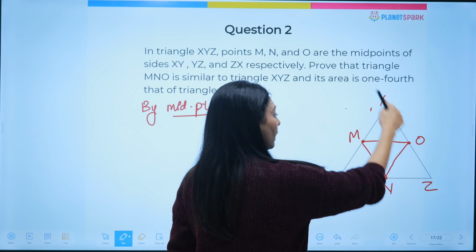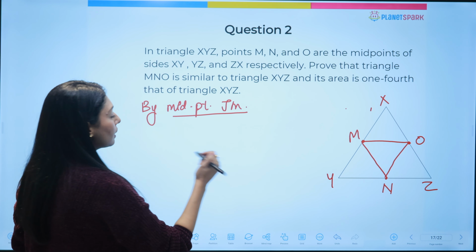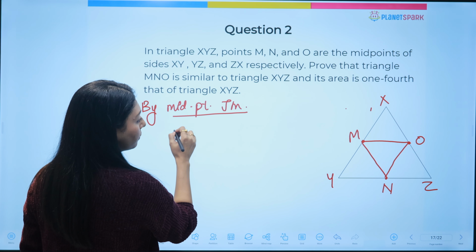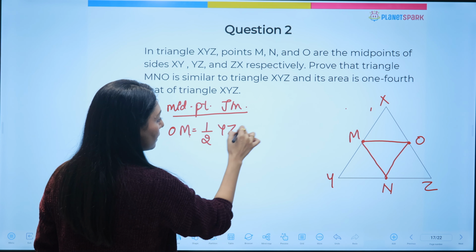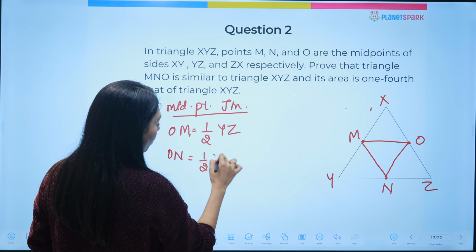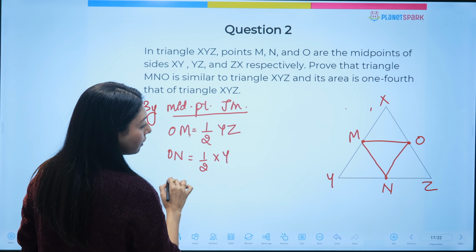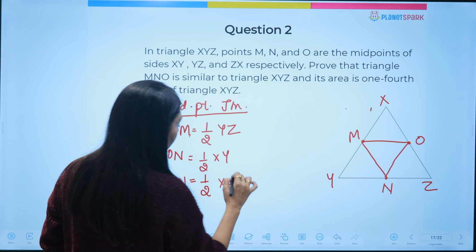Then consider this side and this side, so M and N are the midpoints there, right? Same thing we are using thrice here. So I can write here OM is equal to half of YZ, then ON is equal to half of XY, then MN is equal to half of XZ, right?